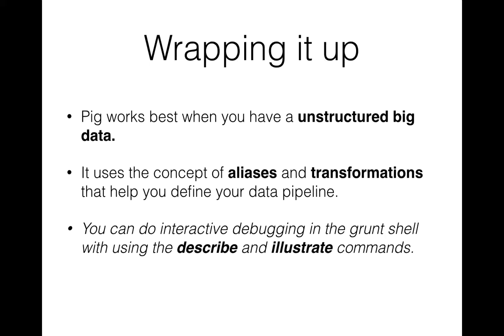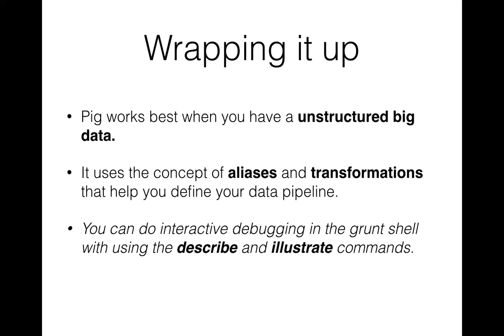Pig works best if you have unstructured data, and you need big data to use Pig, because as you could see in the Unix lessons, if you have small data, it's so much easier to analyze the data with command line tools. So Pig really pays off if you have big data, which is unstructured. It uses aliases and transformations, with which you define the data pipelines. And when you do interactive debugging, you can do it in the grunt shell using the describe and the illustrate commands.